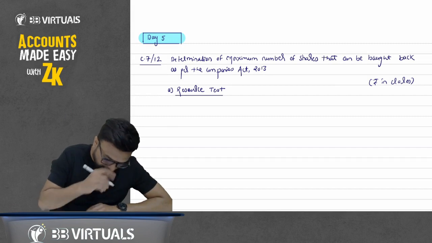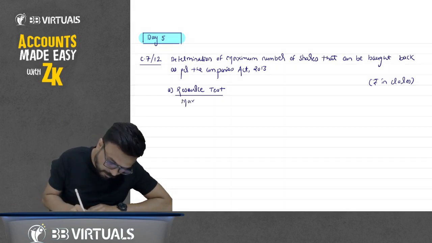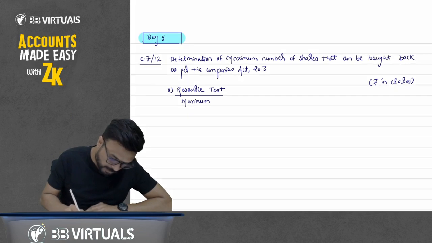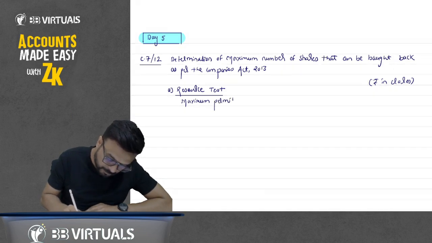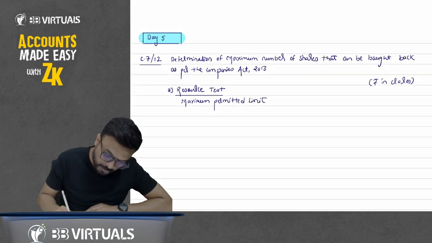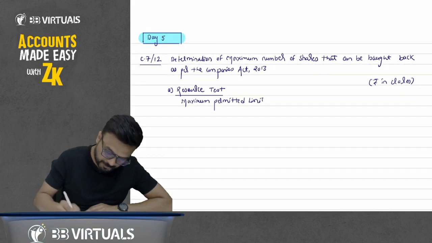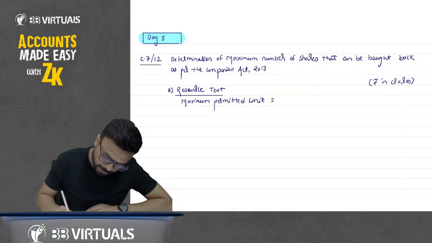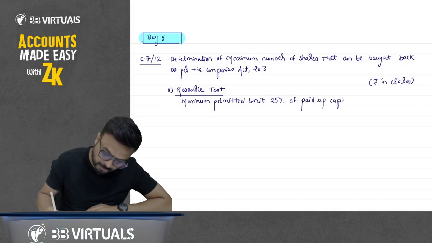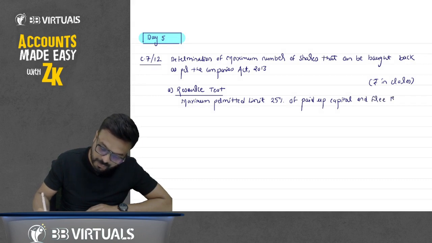Write down what the rule is here: the maximum permitted limit is 25% of paid up capital and free reserves.